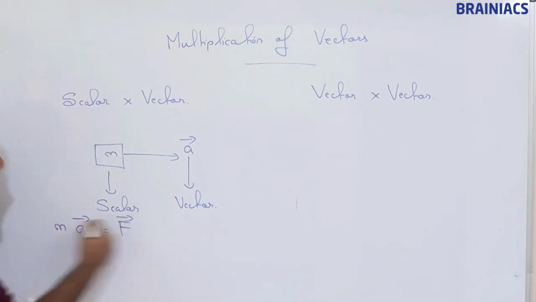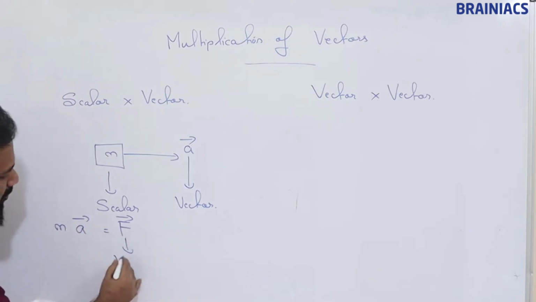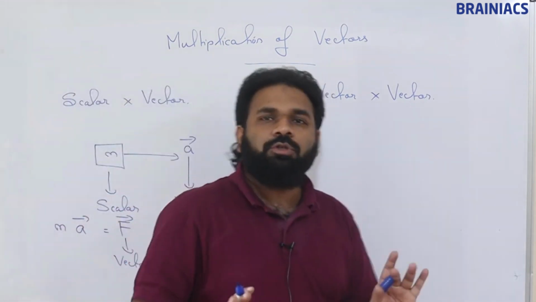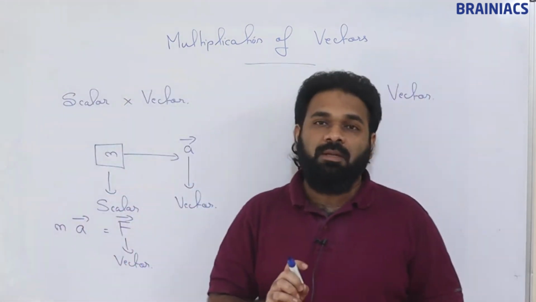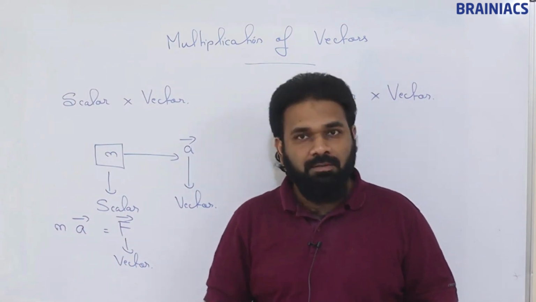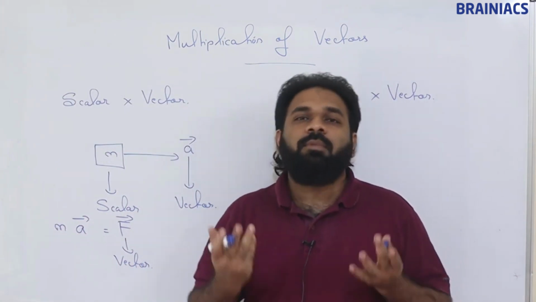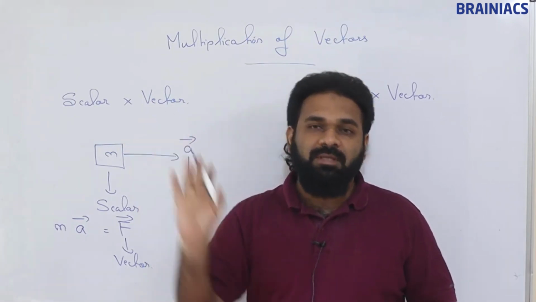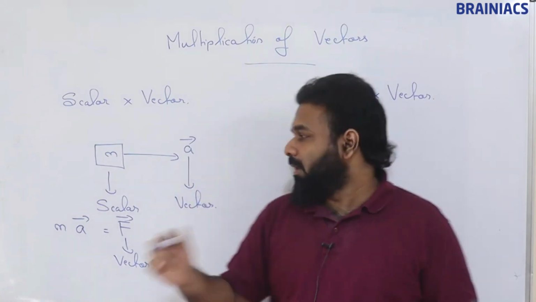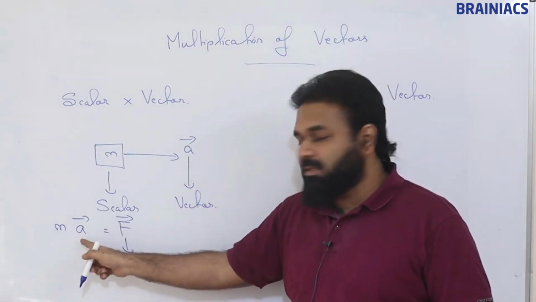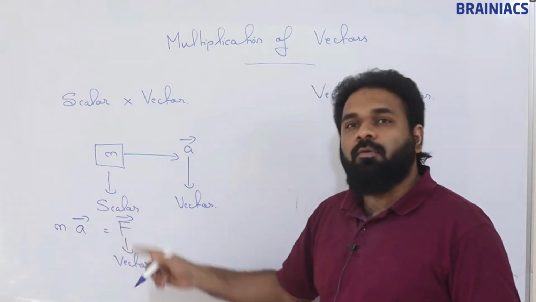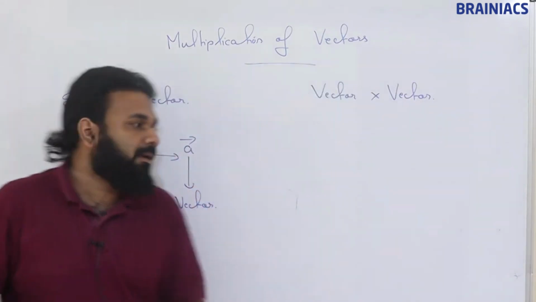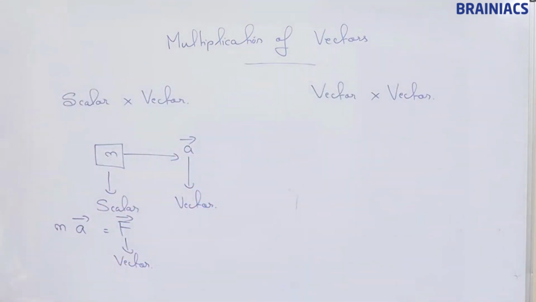We will be getting force. So what is force? Force is a vector. In short, what we are saying is, if we multiply a scalar with a vector, the result is nothing but a vector itself. 2 into 2i plus 3j, the result will be a vector. Mass into acceleration, since acceleration is a vector, the result will be a vector. So simply we can multiply the scalar with a vector in this type of cases.